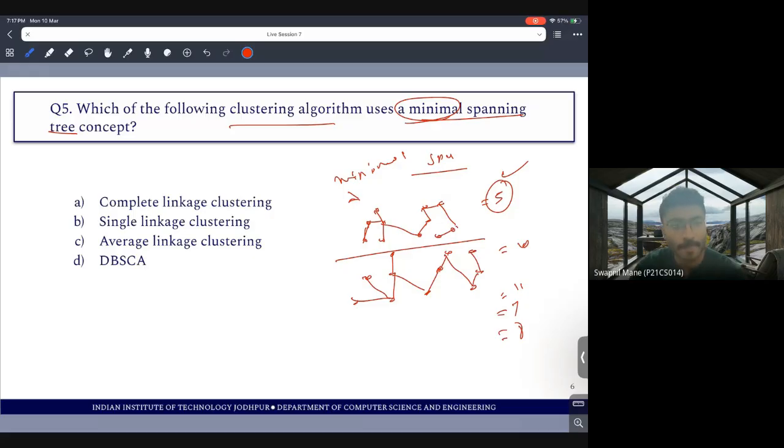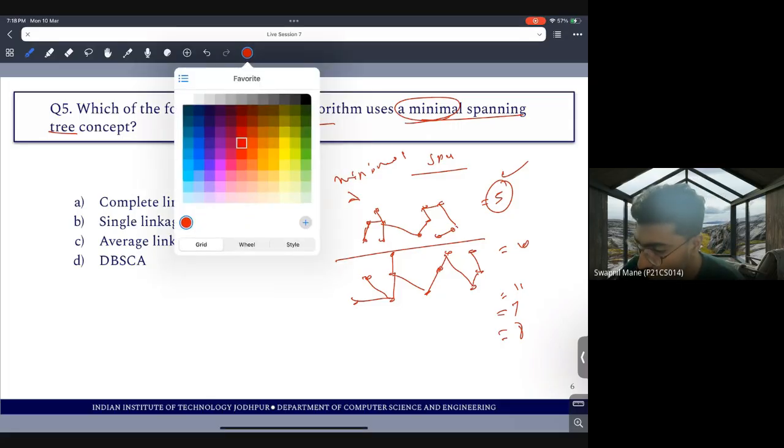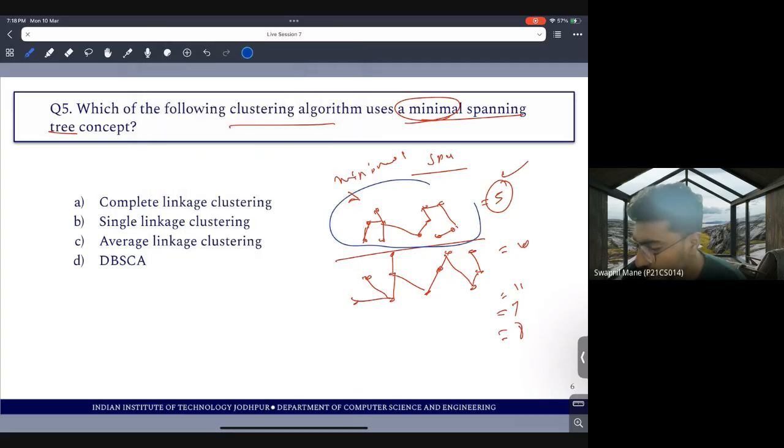So where can we use this minimum spanning tree? It is actually used in single linkage clustering. As you can see in this graph, in single linkage clustering we find the distance between the closest points.